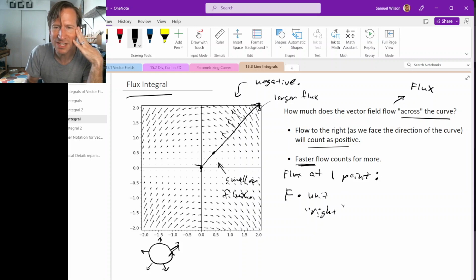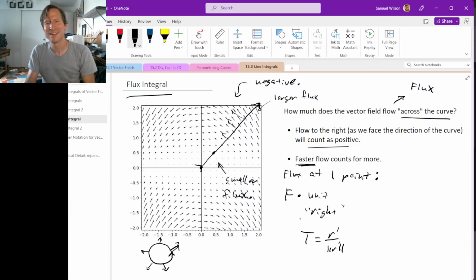It's a little tricky to know how to come up with such a vector. We have this unit tangent vector, capital T, which was r prime over the length of r prime, and that points along the curve, but how do we get a vector that points to the right? Well, in the plane, there's a nice trick.